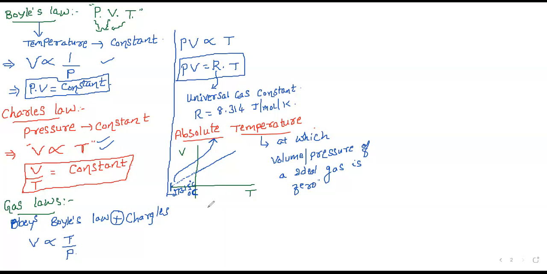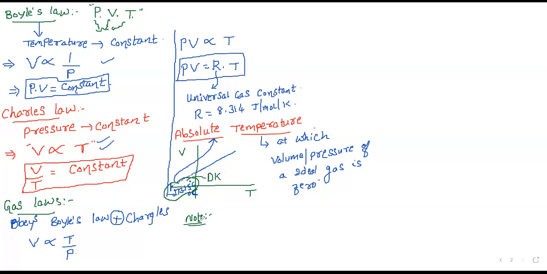The scientist called Lord Kelvin designed a new temperature scale starting from 0 Kelvin. He treated this temperature, minus 273.15 degrees Celsius, as 0 Kelvin.